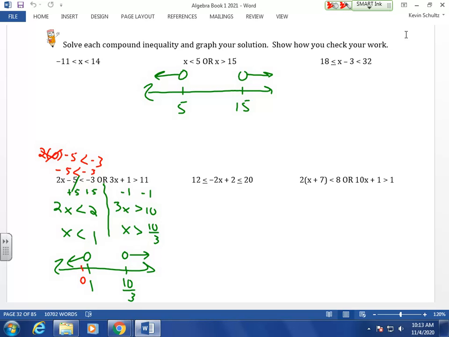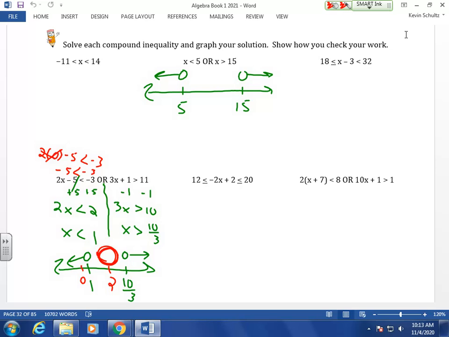You could also pick a number within this range here. And what would you expect to happen if you picked a number and plugged that into either inequality? It's not going to work in either of them, right? It's not part of either solution set. So if we picked 2, which is in between there, it's not going to work in either one because it's not part of either solution set.